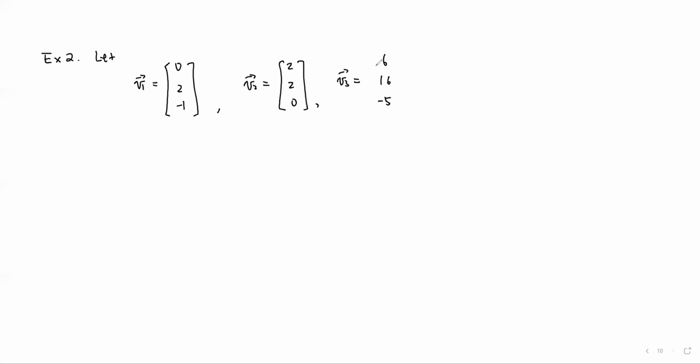V1 is 0, 1 in R3. V2 is 2, 0, also in R3. V3 is 6, 16, -5.